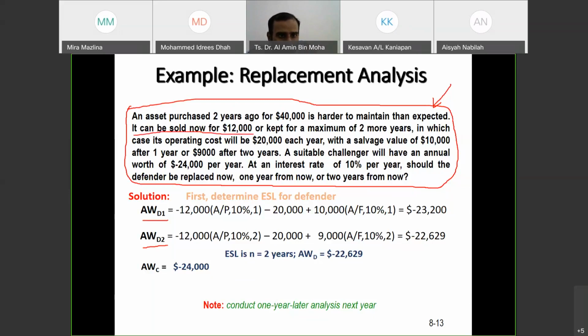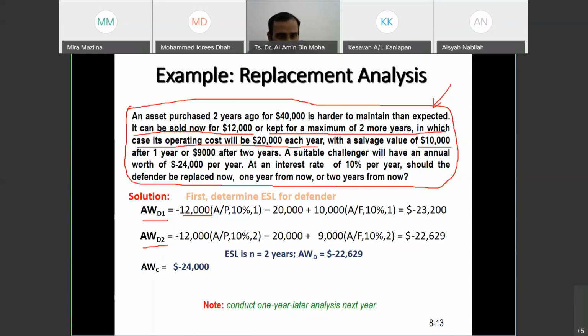So this is option number 1. Or kept for a maximum of 2 years more, in which case operating cost will be 20,000 each year with a salvage value of 10,000 after 1 year, or 9,000 after 2 years. So D1, 12,000.